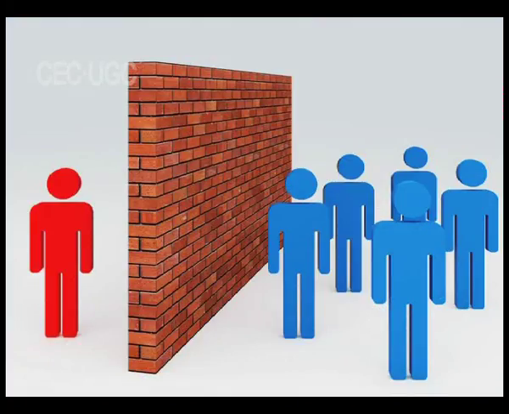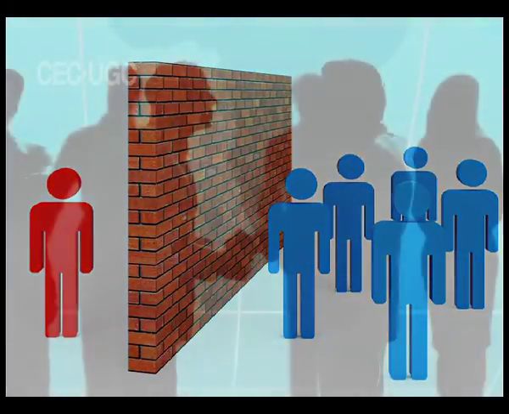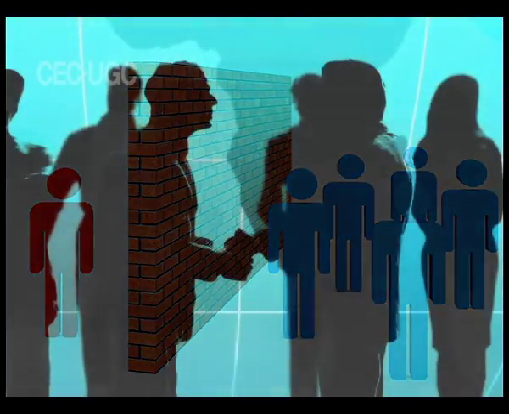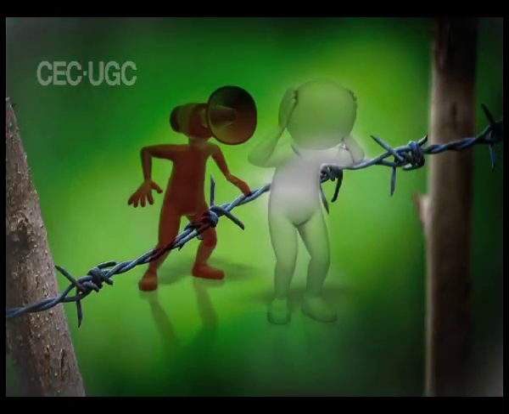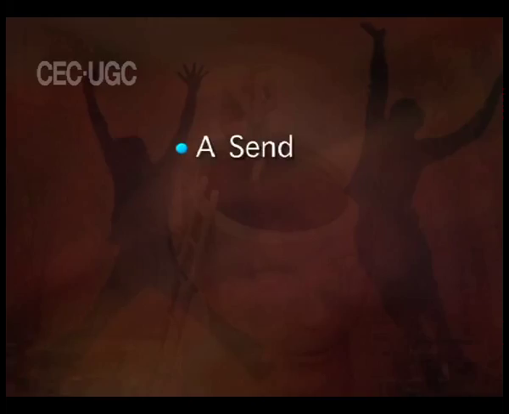There can be several kinds of barriers which result in ineffective communication. What do we mean when we say barriers? To understand what we mean when we say barriers in communication, one way of looking at it is from the perspective of the communication process. Communication process involves a sender, a receiver, a channel.